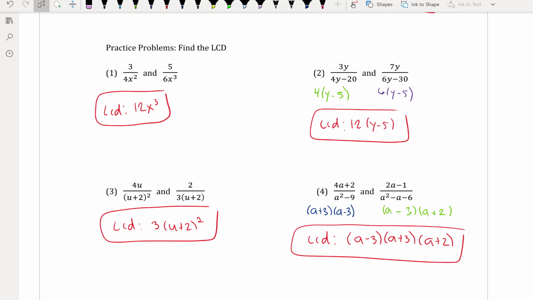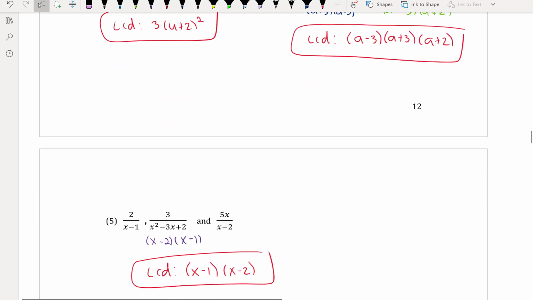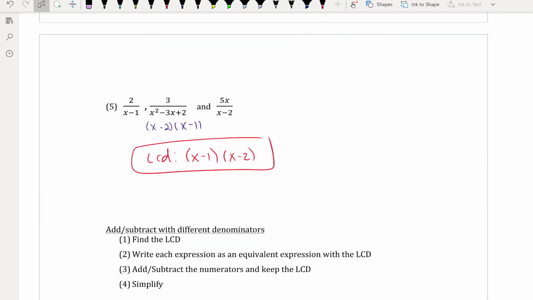The a plus 3 appears once, and the a plus 2 appears once. So all of those go inside my LCD. Okay, and for number 5, only the middle term needs to be factored, so that was x minus 2 and x minus 1. But those were the denominators of the fractions to the left and to the right. So my final LCD is going to be x minus 1 and x minus 2.